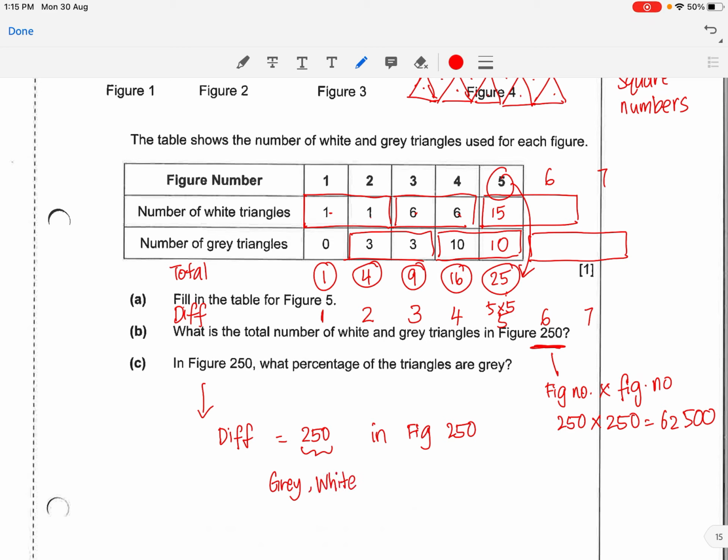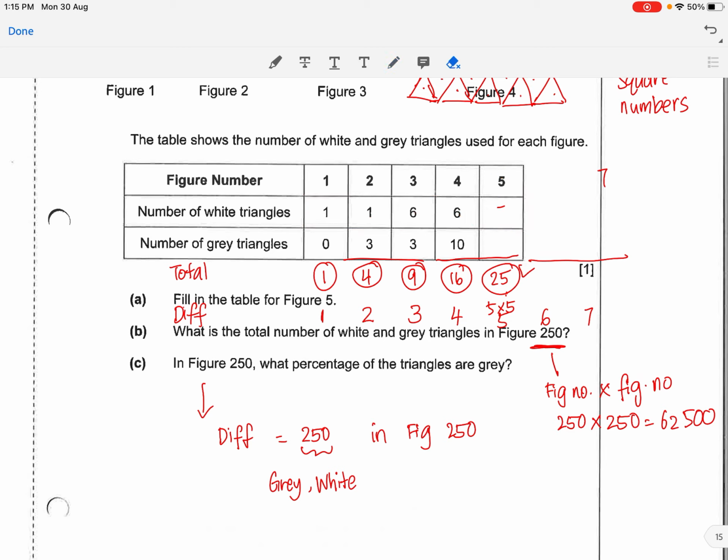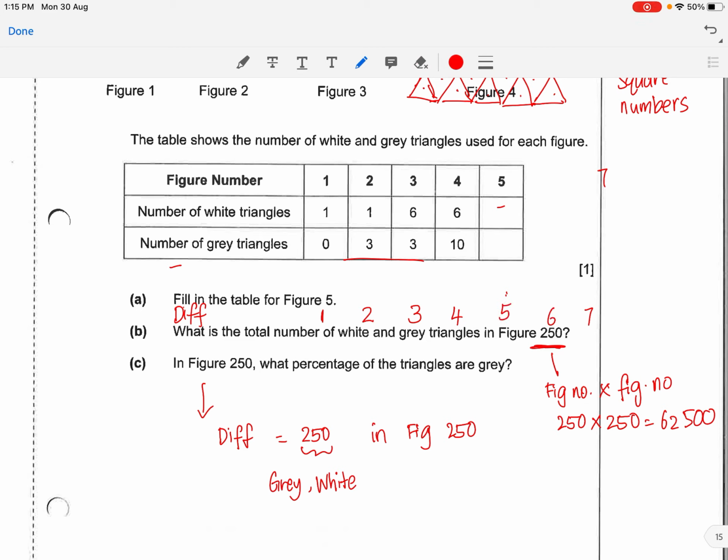Alright, so now I try to erase the things that are not needed here in order not to make it messy. First I will need to find my total. Let me just write this back. This will be figure 5, this will be 15, this will be 10.